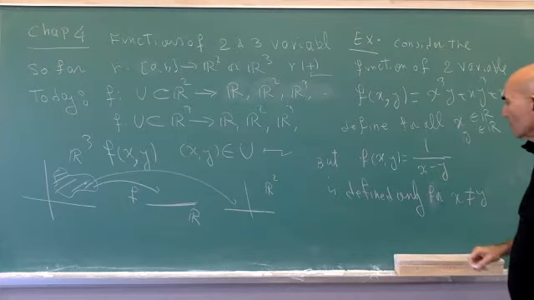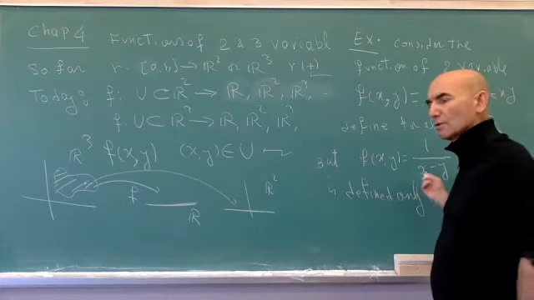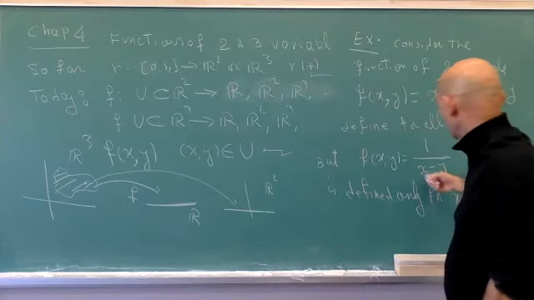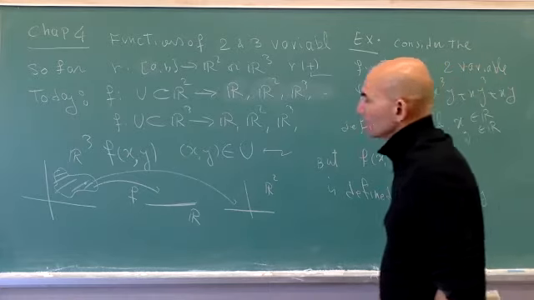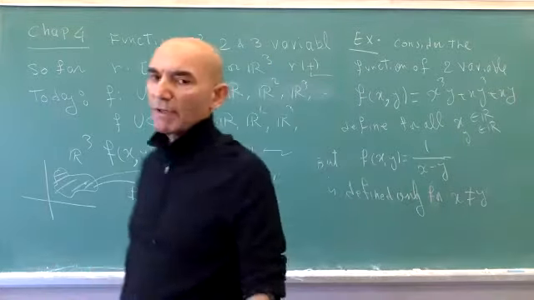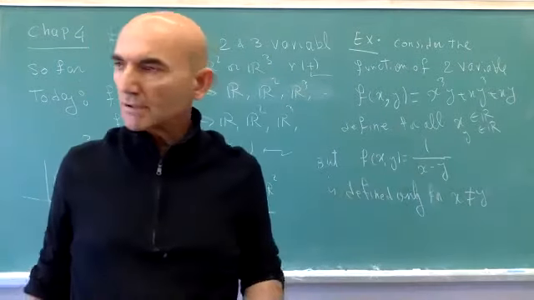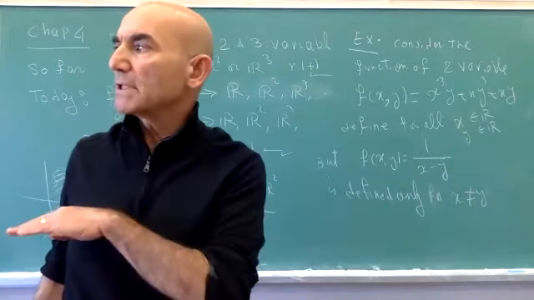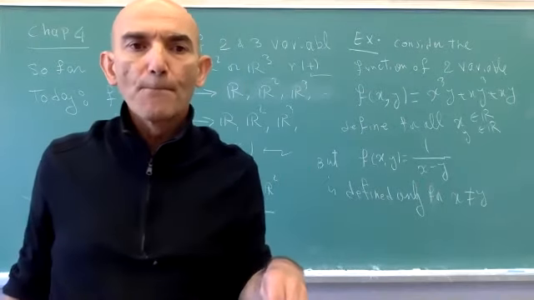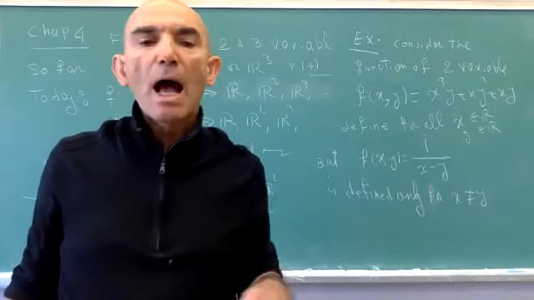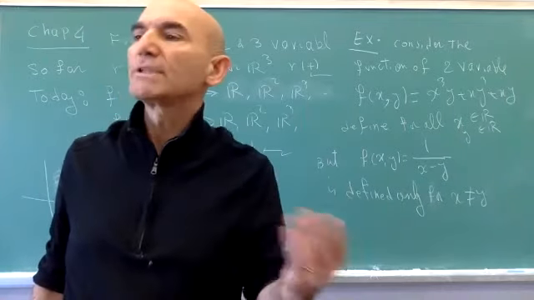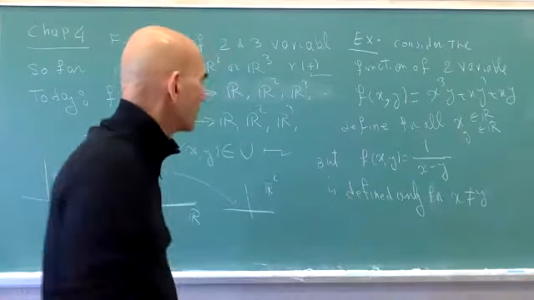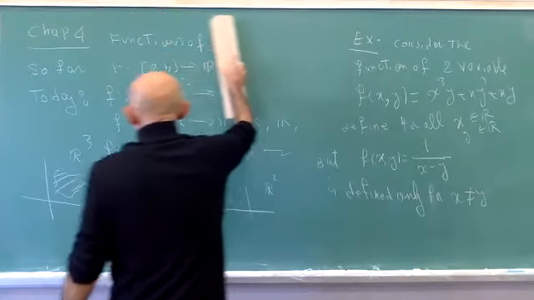Because if x is equal to y, you have 1 over 0, and we don't know what to put there. So you can see that when you have fractions, places where the denominator is 0 are problems, and when you have a square root, places where under the square root is negative could be problems. Right?